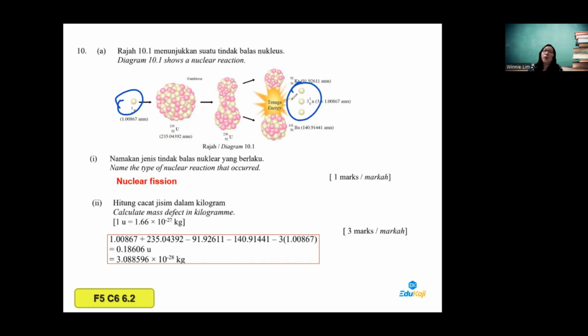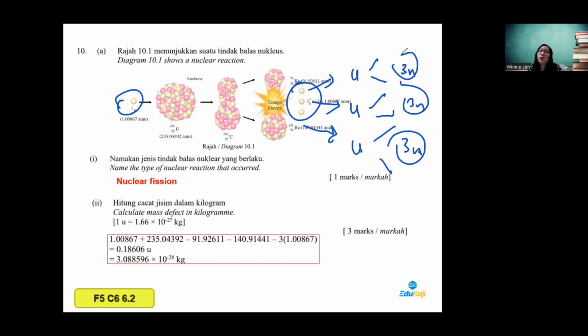They will also go and find other uranium. You not only have one uranium nucleus, understand? So they will hit, then they will split again, into krypton and barium. Again, they will have 3 neutrons back. So wow, you see, the number of neutrons has multiplied already. And again, these neutrons will go and find more unstable uranium to bombard.